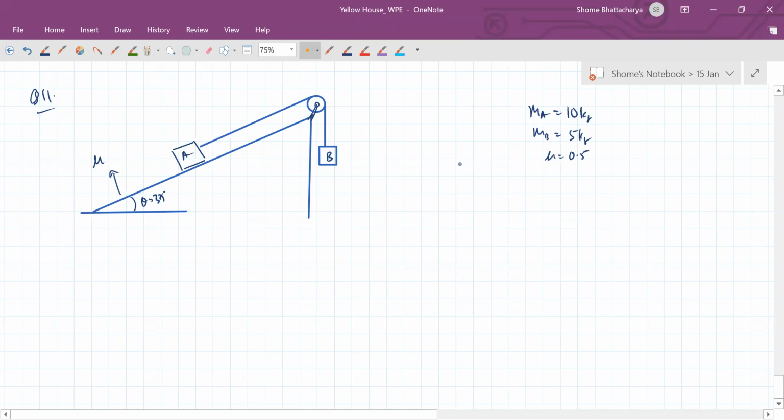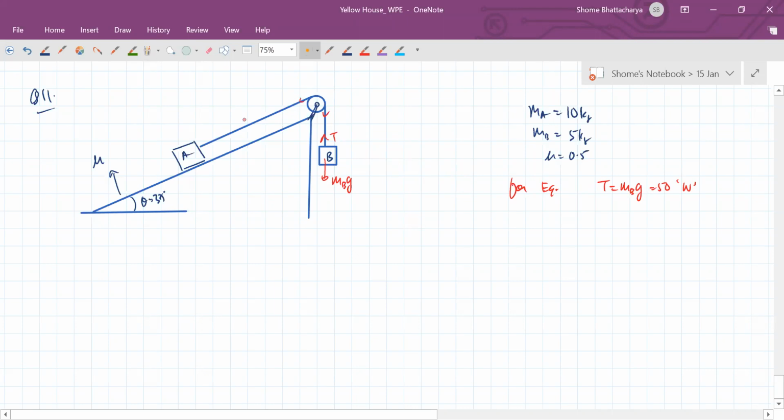So we have to find, if the blocks are in equilibrium, the frictional force. If the blocks are in equilibrium, you can see that the tension here should balance the weight. So for equilibrium, 50 newtons of tension should be acting.